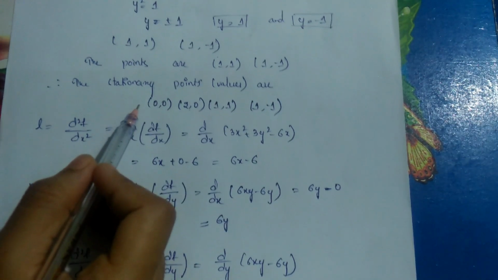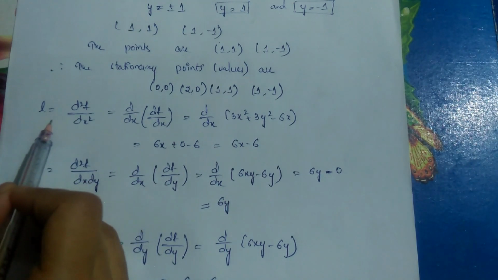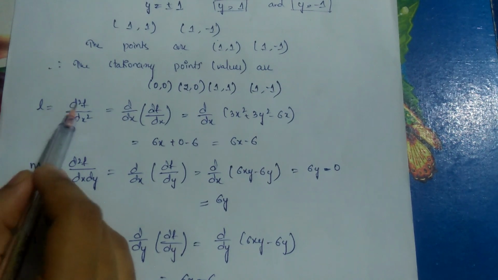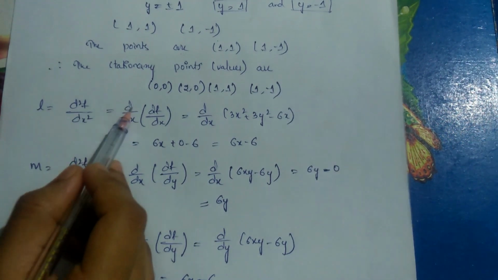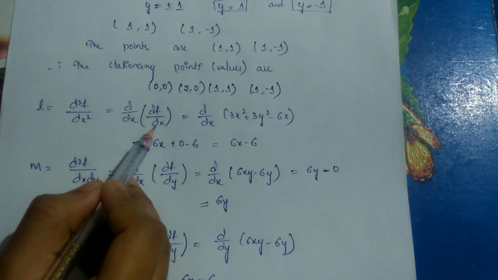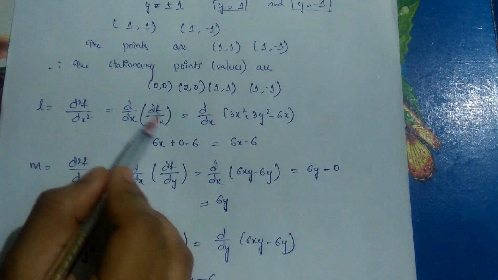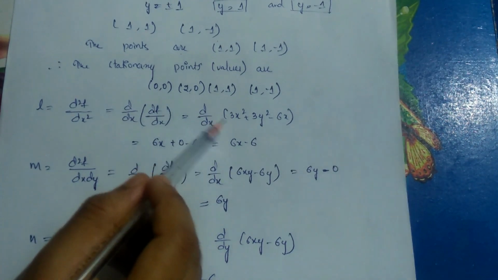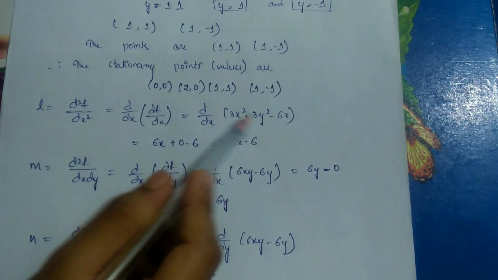So at first, before getting into those conditions, we have to get the values of L, M and N. So L, we know what is L, that is dou square f by dou x square, and that equals dou by dou x of dou f by dou x. And now we are differentiating the function, that is dou f by dou x with respect to x, that is dou by dou x of the function dou f by dou x, which is 3x square plus 3y square minus 6x.